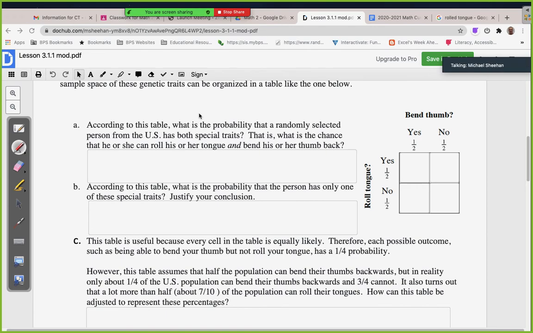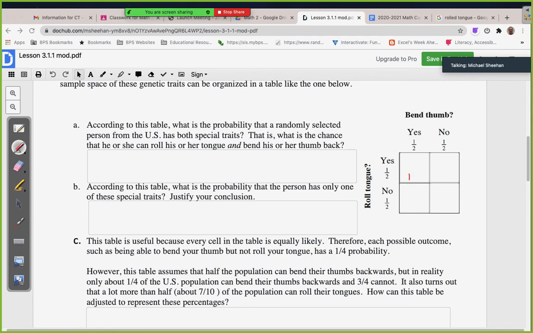So let's think of it this way, right? Forget about the halves here. Let's say we have 20 people, right? This is not really how we're supposed to fill out the table, but let's say there's 20 people in society. Half of them can bend their thumb, right?